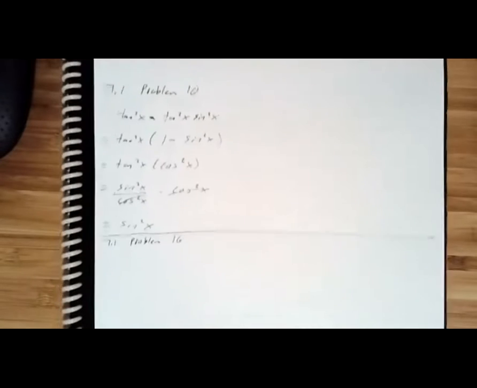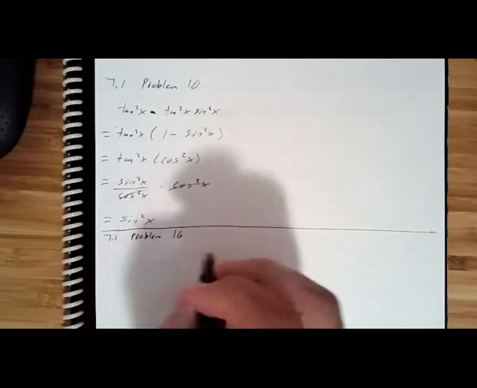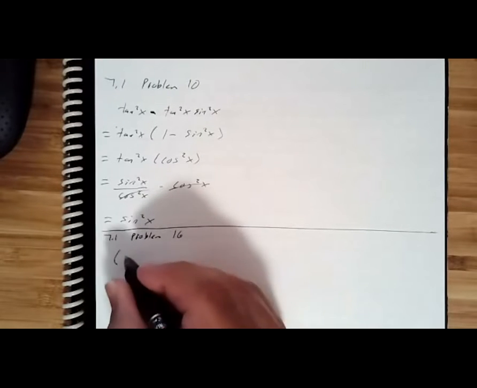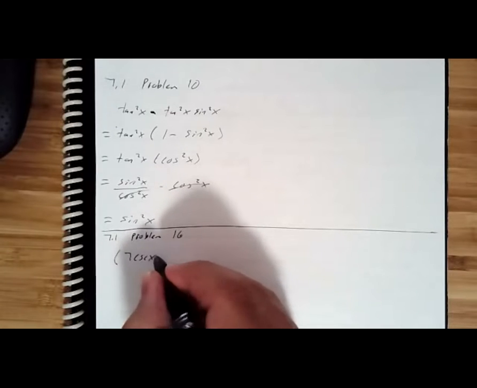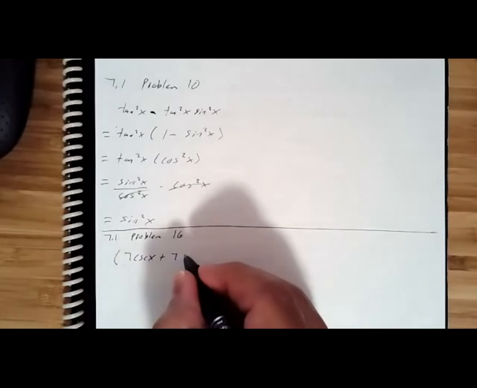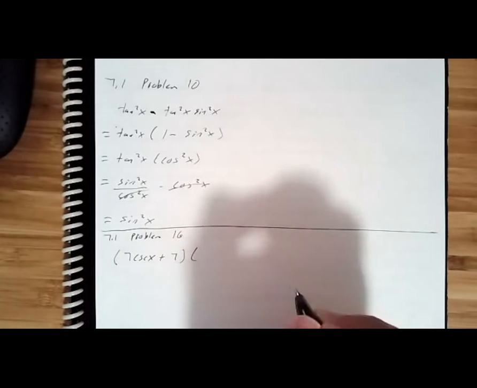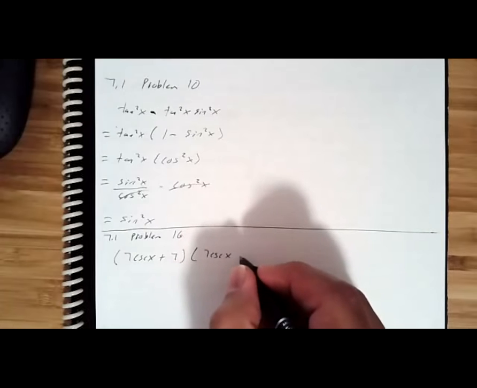I had trouble with this one. In parentheses, 7 cosecant x plus 7, parenthesis, another parentheses, 7 cosecant x minus 7.